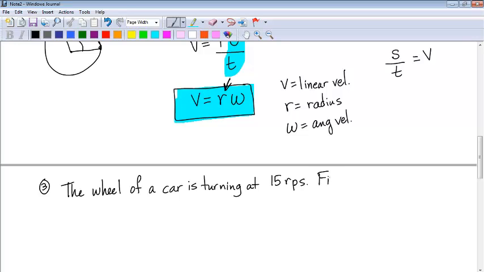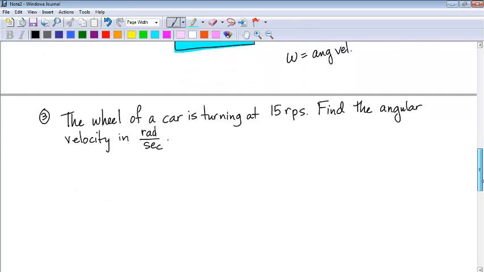Find the angular velocity in radians per second. This R is revolutions.